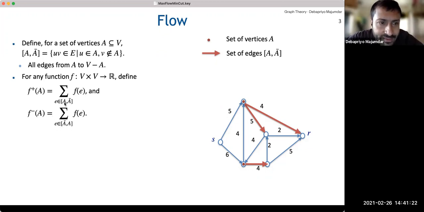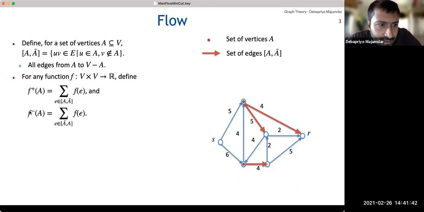So what are the edges of A bar? They are from A to A bar. So essentially, for whatever this function is, you can, for example, think about the capacity function itself. Then it would be the sum of the capacities from A to A bar, from A to elsewhere.